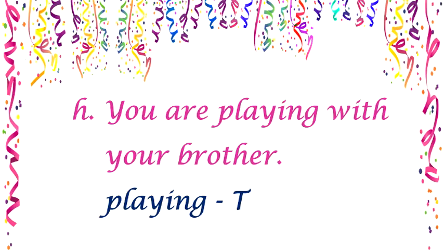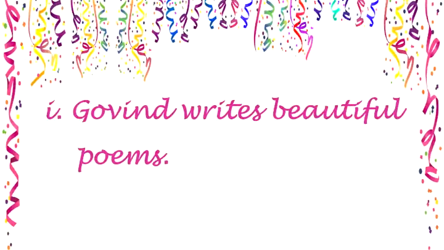Okay. Next we have Govind writes beautiful poems. Yes, dear children, I'm sure you have got your answer. Writes. And again, Govind writes what? The answer will be poems. So we have an object and therefore writes is a transitive verb.